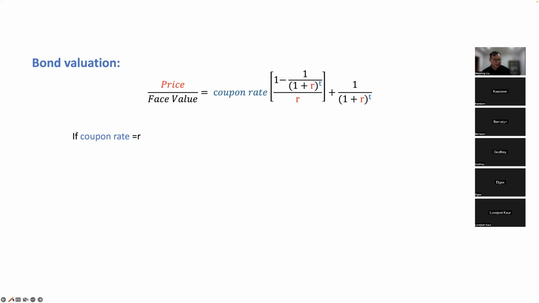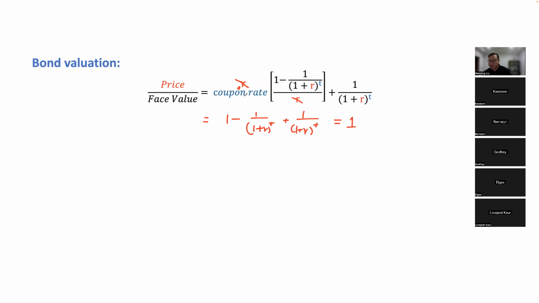Okay, so let's see. If the coupon rate here equals R, then what happens in this formula is that this R cancels out with this R. So then this will become 1 minus 1 over 1 plus R to the power of t, plus 1 over 1 plus R to the power of t, and this is going to equal 1.